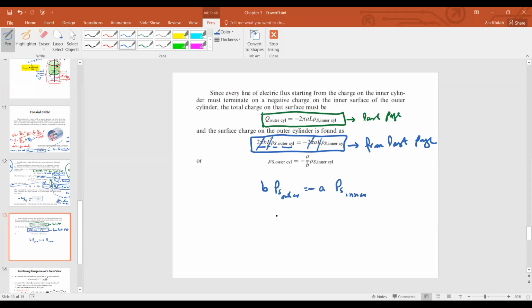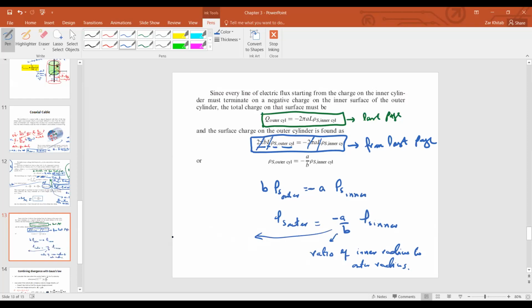Or you can say that rho S outer is equal to minus A by B, the ratio of the inner radius to the outer radius.